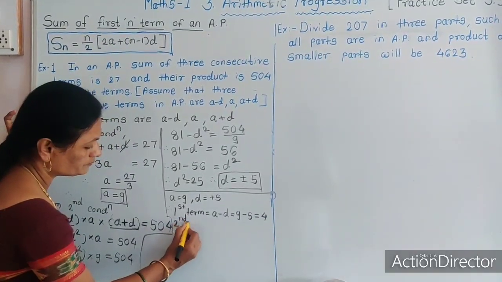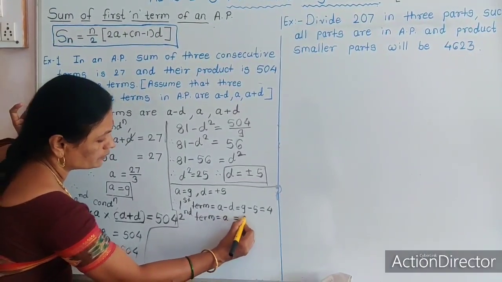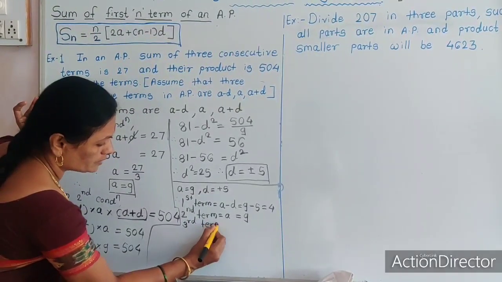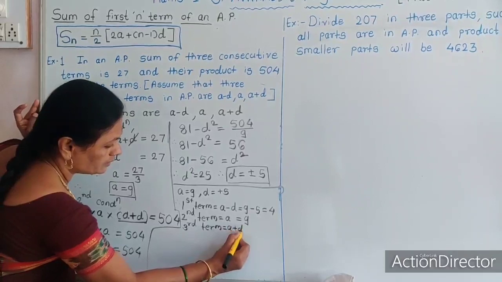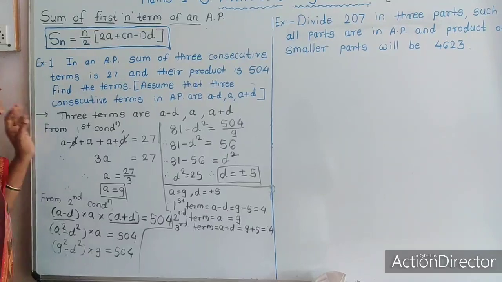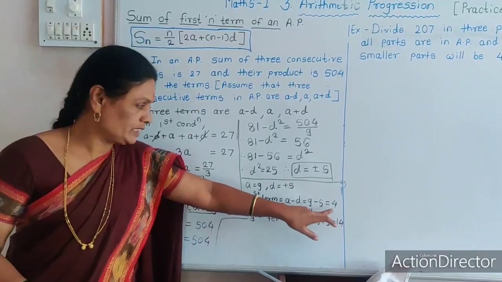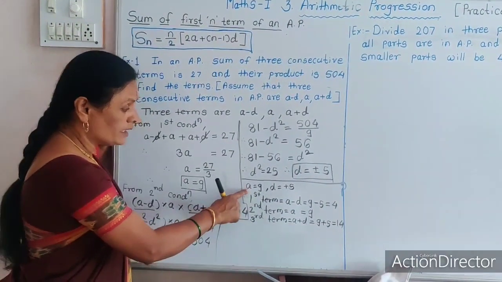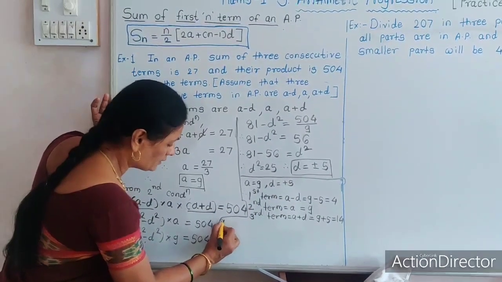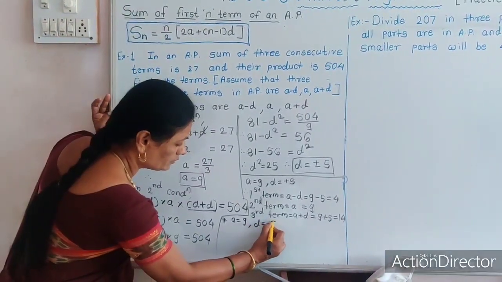The second term is a is equal to 9 and the third term is a plus d is equal to 9 plus 5 is equal to 14. These are the three terms, 4, 9 and 14, when a is equal to 9 and d is equal to plus 5. Now we take a is equal to 9 and d is equal to minus 5.